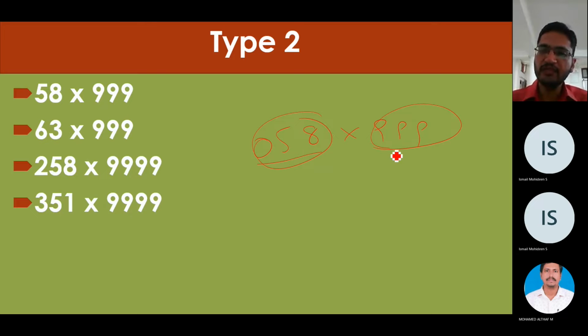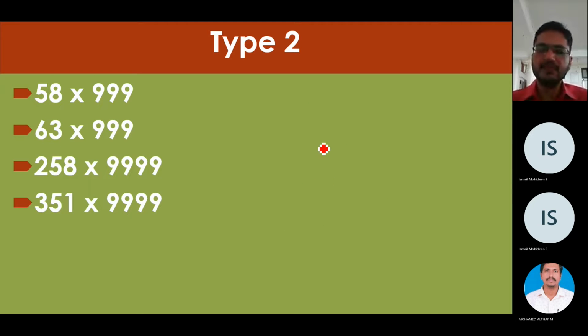Now we can use first type. Here the number of nines are 3 and number of digits in this number is 3. Now what we did here, subtract 1 from this number, we will get 057. Now we will find its complement, all from 9, last from 10, 942. So answer is 57942.